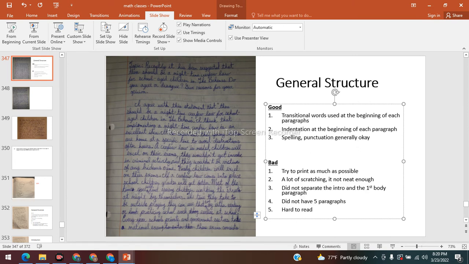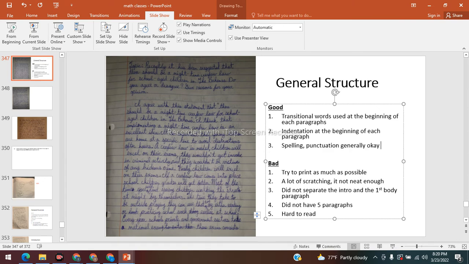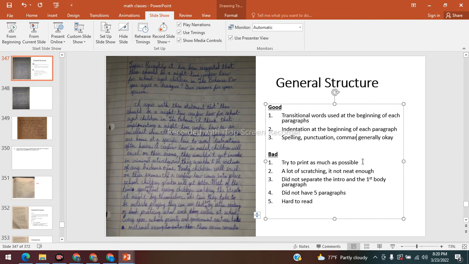We have more bad than good. Any more good to kind of balance it off? They have a position. I'm going to say general structure.